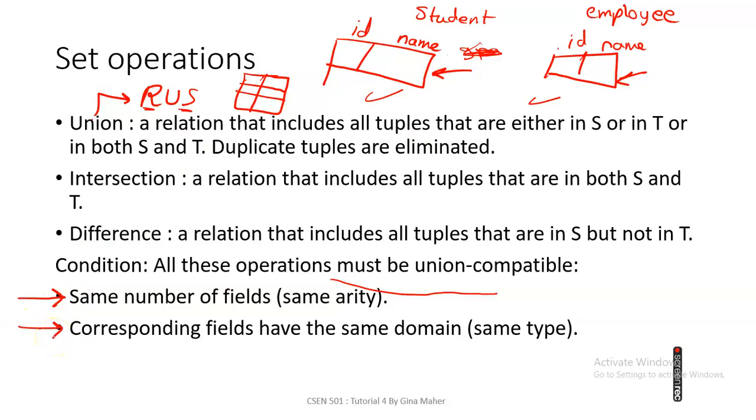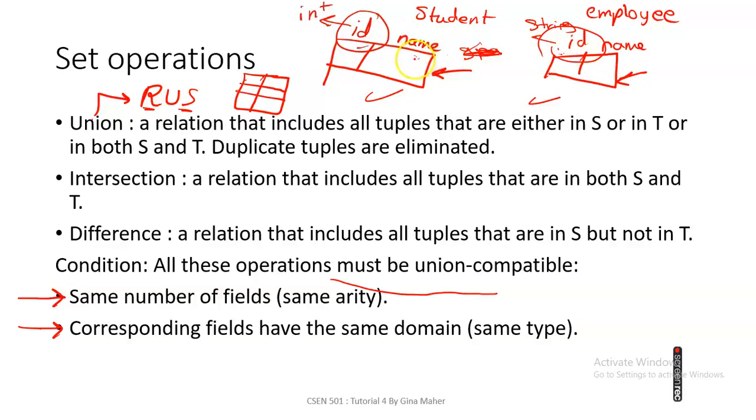Corresponding fields have the same domain, the same type. For example, here we have ID and name, and here we have ID and name. If ID here is of type int, for example, and here string, then these two relations are not compatible. In order to be compatible, the type of the corresponding fields should be the same. So if here the type is int, this should have type int as well.